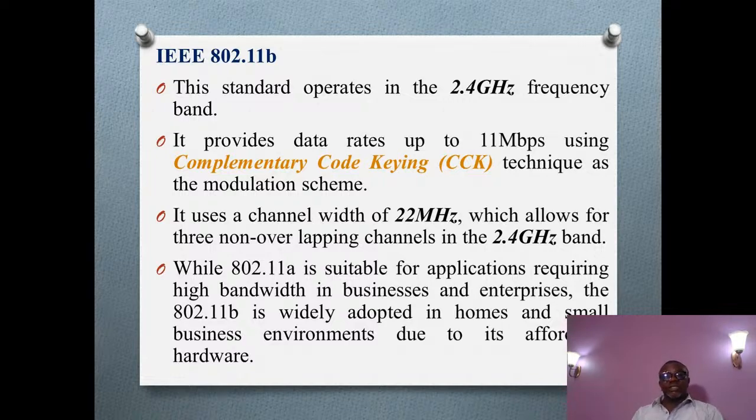It uses a channel bandwidth of 22 megahertz, which allows for three non-overlapping channels in the 2.4 gigahertz band. While 802.11a is suitable for applications requiring high bandwidth in businesses and enterprises, 802.11b is widely adopted in homes and small business environments due to its affordability in hardware.